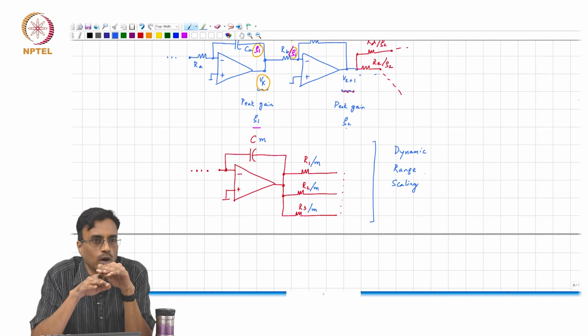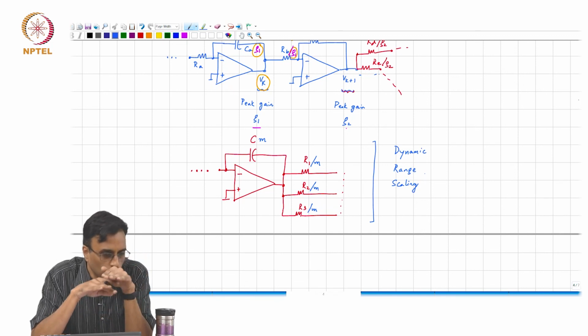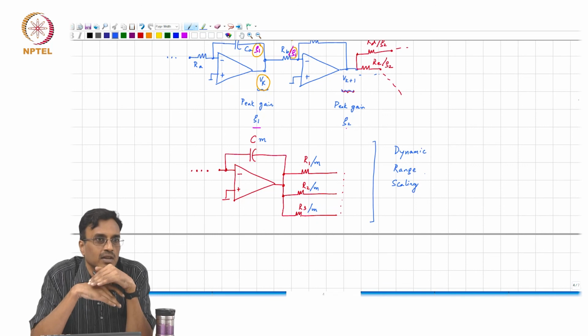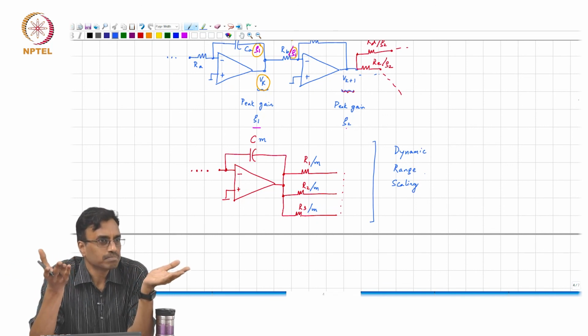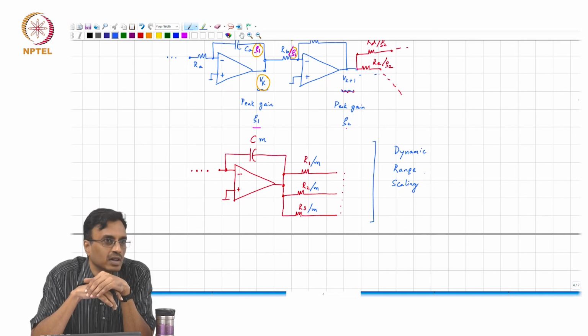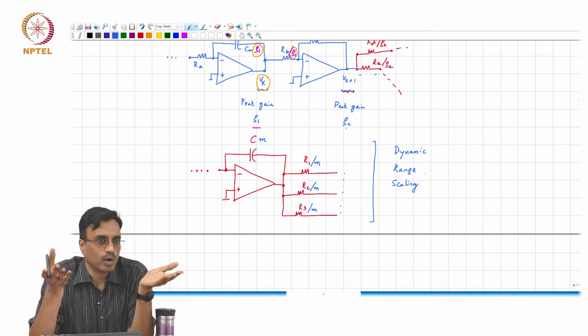You do not want to work with very large internal levels, because then you stand the risk of saturation. You do not want to work with very small signal levels, because you stand the risk of getting drowned in noise. You always want to work with signals which are not too large to cause saturation, not too small to get drowned in noise.